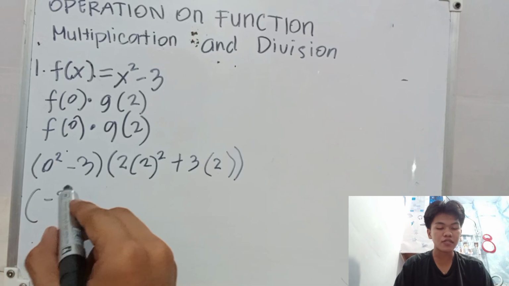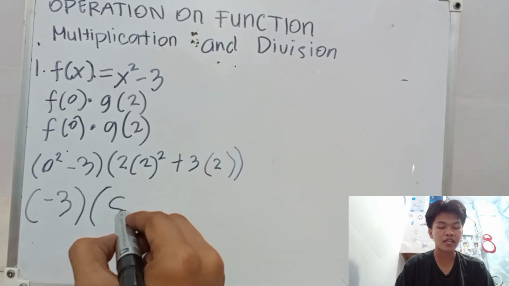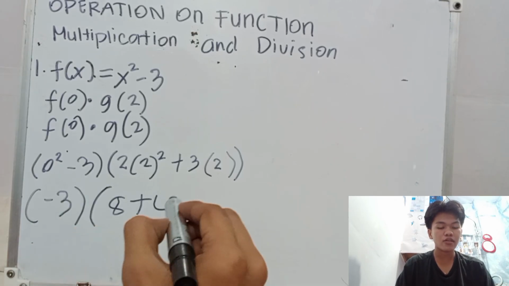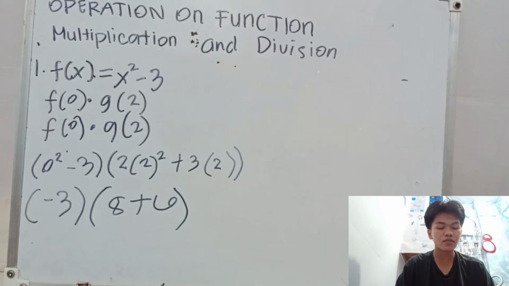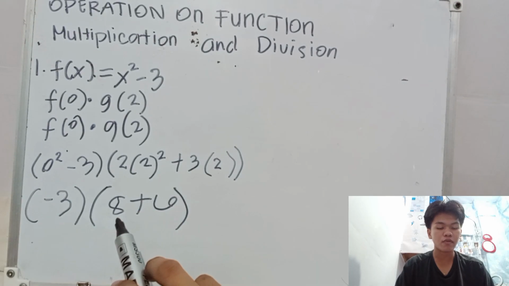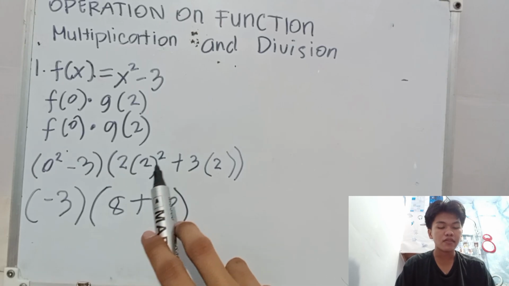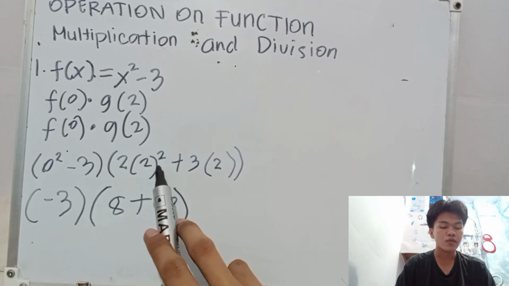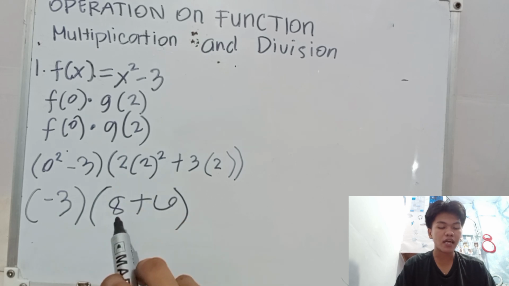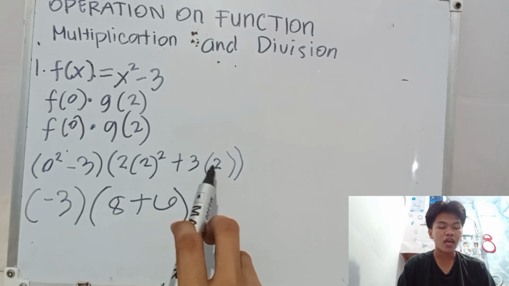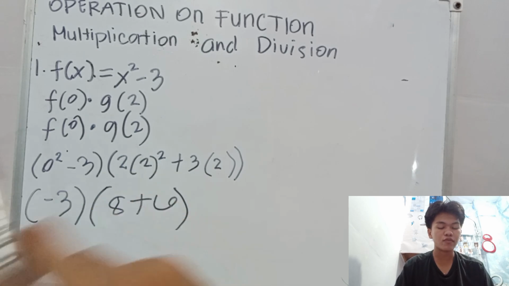So 0 times 0 is 0, in which copy the negative 3, and 2 times 2 raised to 2 is 4. So 4 times 2 is equal to 8. Then copy the plus, and 3 times 2 is equal to 6. Then multiply to find the value of f of 0 times g of 2.